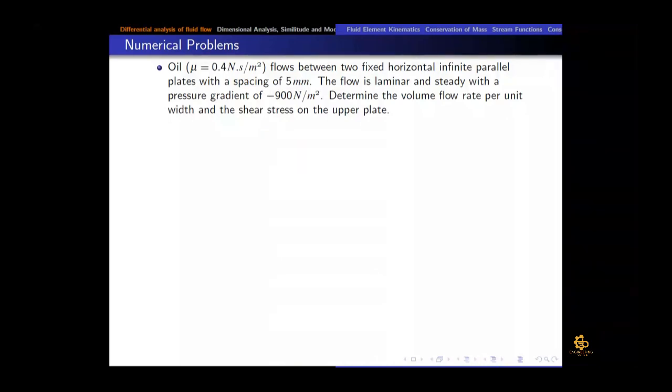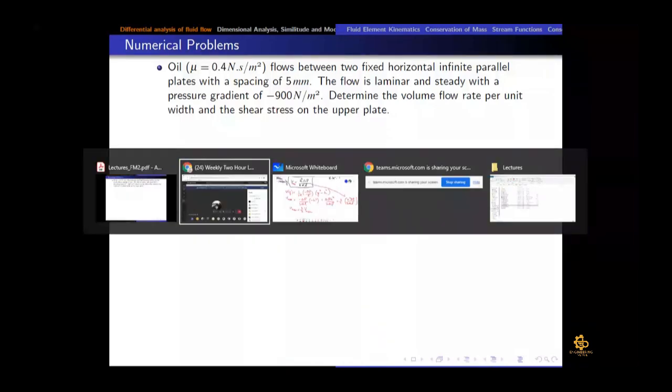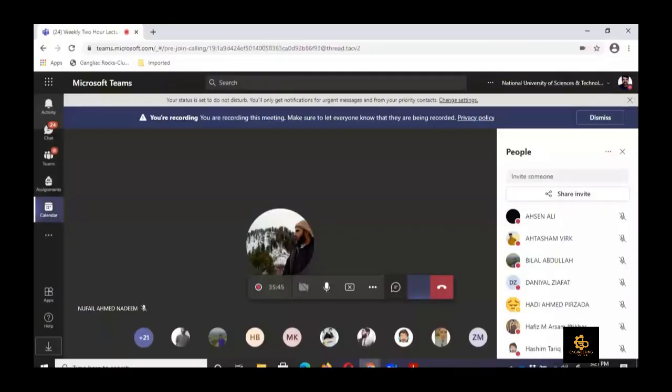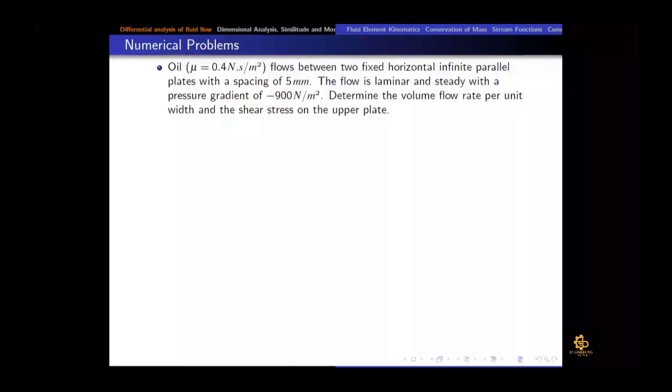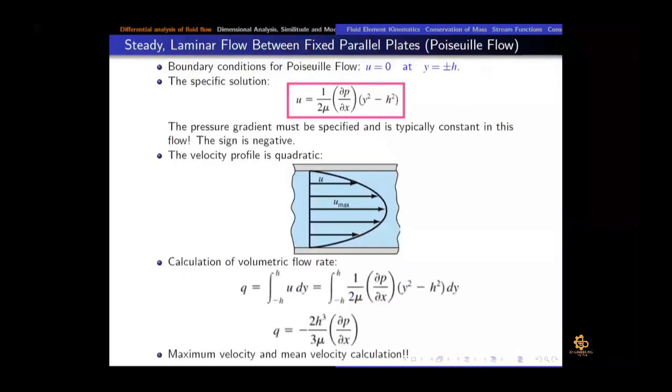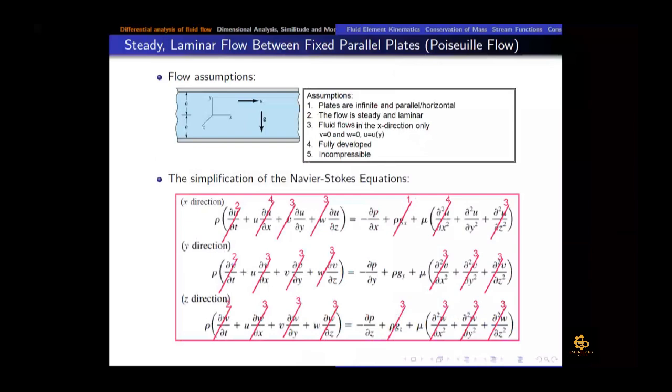So first of all, we have got a situation in which oil, whose viscosity is given as 0.4 Newton second per meter square, flows between two fixed parallel infinite plates with a spacing of 5 mm. Now the total distance is 5 mm. If you remember, if we go back, the spacing here when we started was 2h.